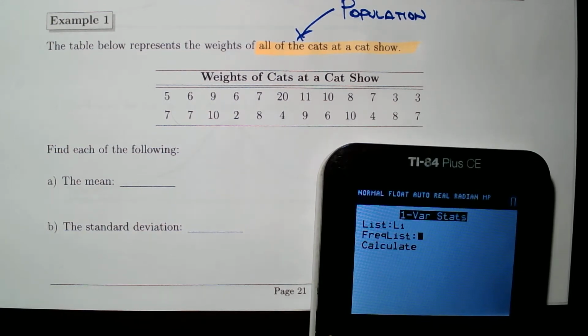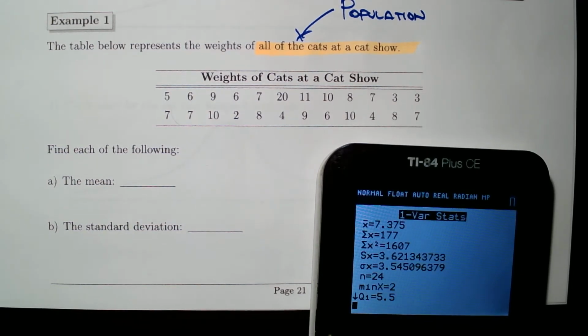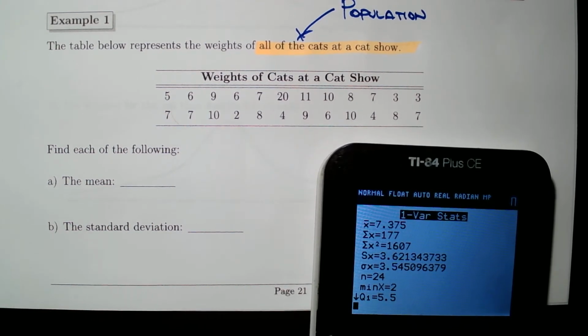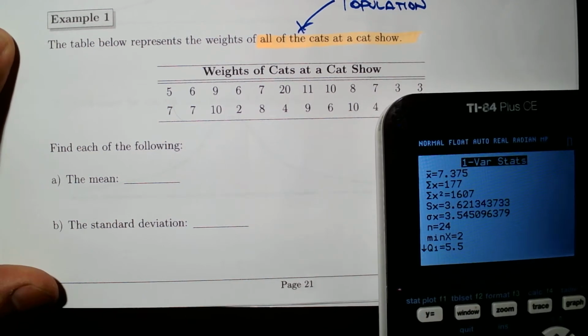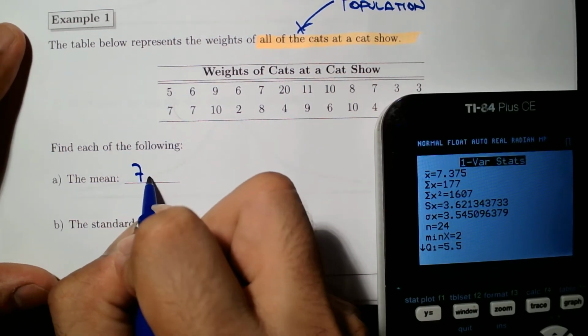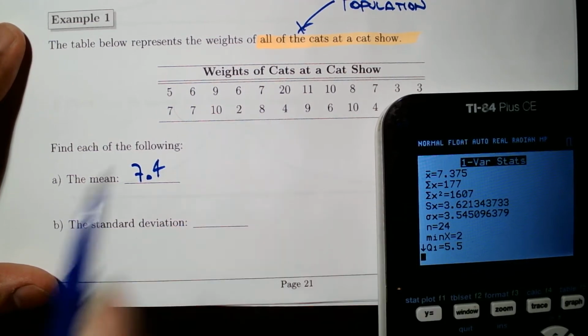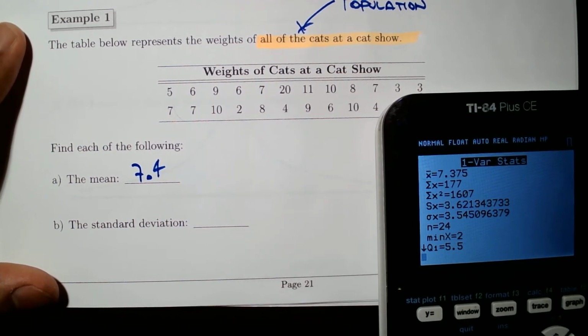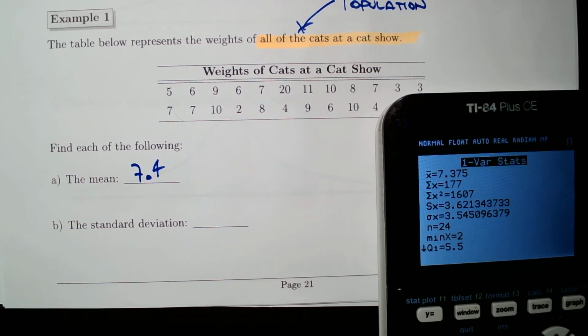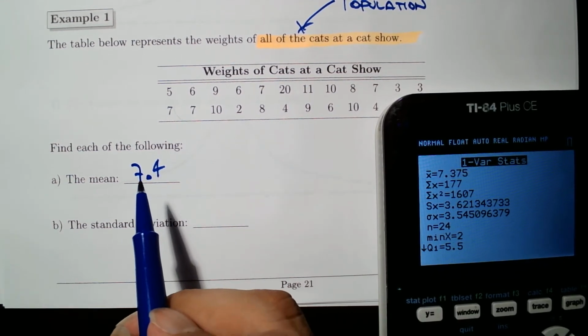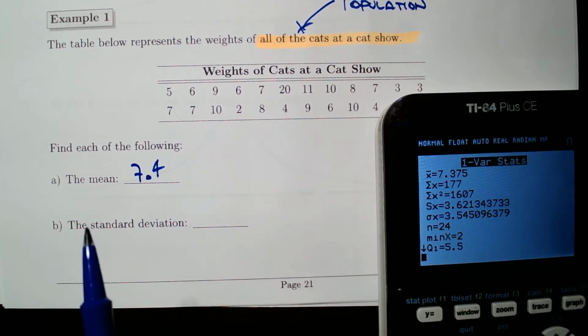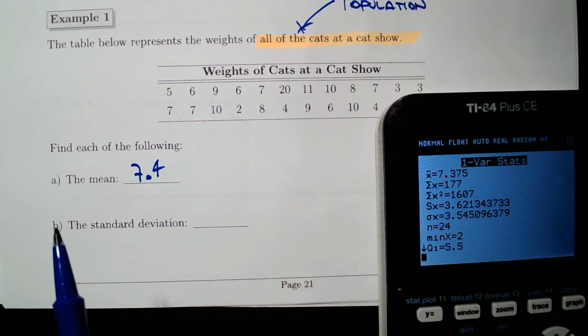You might want to clear this and calculate, and we get 7.37, and in this case I'm going to round this to 7.4 because we round to one more decimal than the given data. So the given data has 0 decimals, so we're going to round up to one more, which in this case is 1 decimal.